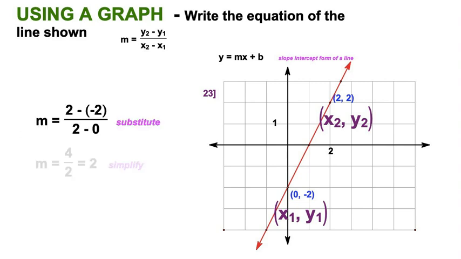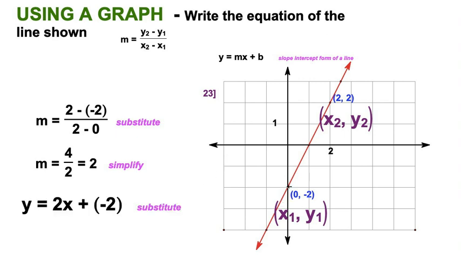And that's going to simplify to the whole number 2. Up 2 over 1, up 2 over 1. That's the slope. And we cross through the y-axis at negative 2. When I substitute into the form y equals mx plus b, I've got 2x plus a negative 2. So I'm just going to write that as 2x minus 2.